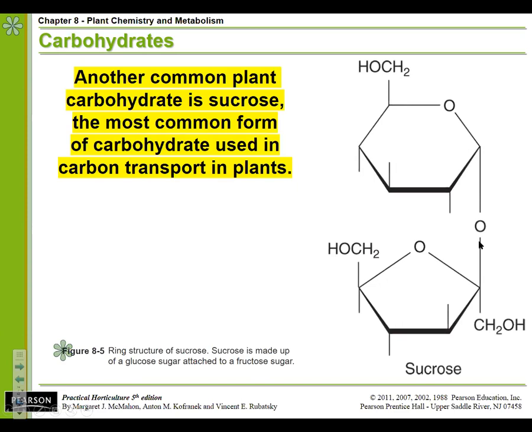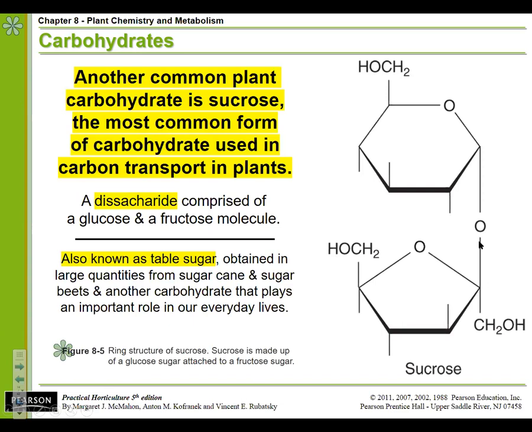So another common carbohydrate is sucrose, and this is the most common form of carbohydrate used in carbon transport in plants. It is a disaccharide, so two sugars, comprised of a glucose and a fructose molecule. Sucrose is the same as table sugar.